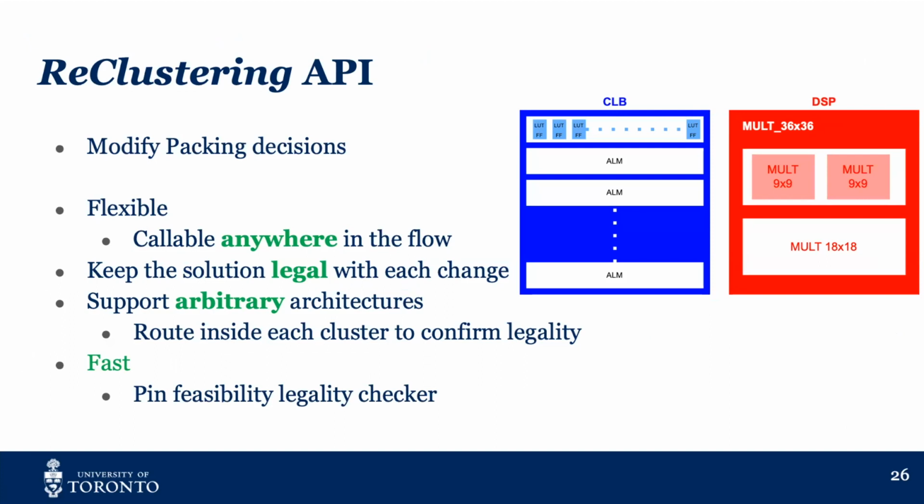And the API keeps the solution legal with every change, so there is no need for a further legalizer. It also supports arbitrary architectures, and we try to make the API calls as fast as possible by using a fast legality checker, which is a pin feasibility check that counts the number of available pins at every level of the hierarchy and compares it to the pins required by the netlist.